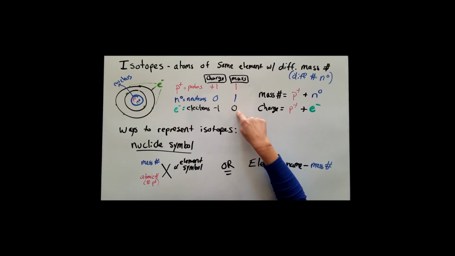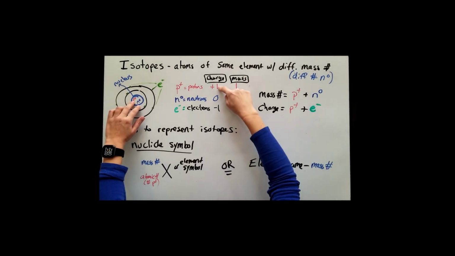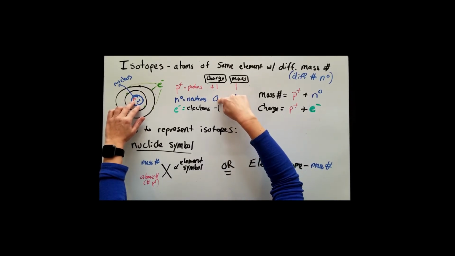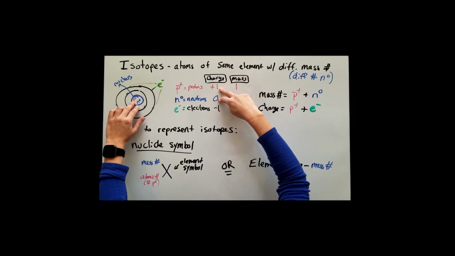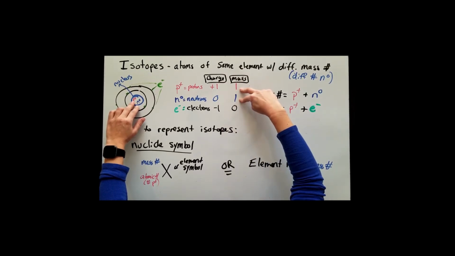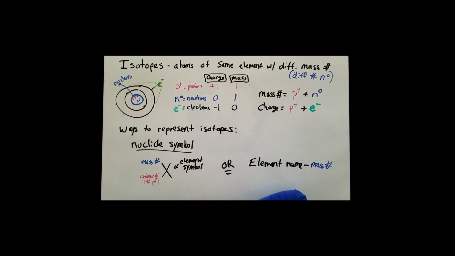Since the protons and neutrons are located in the nucleus of an atom, the overall charge of the nucleus is going to be positive. We know this because protons have a +1 charge and neutrons are neutral. So since the nucleus is a positively charged center consisting of most of the mass of the atom, the electrons are orbiting that positive nucleus.